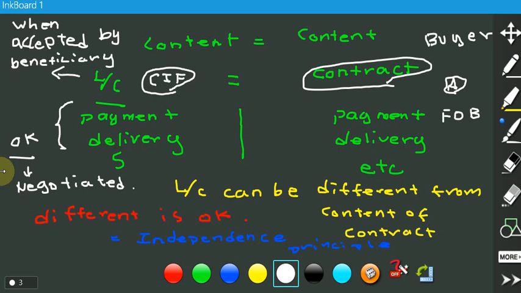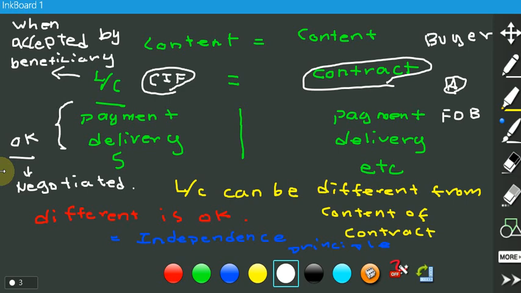If he accepts this one, later on he cannot reject. So if you are the beneficiary, you have to scan the letter of credit content in detail to find whether there are some different clauses compared to the original contract.